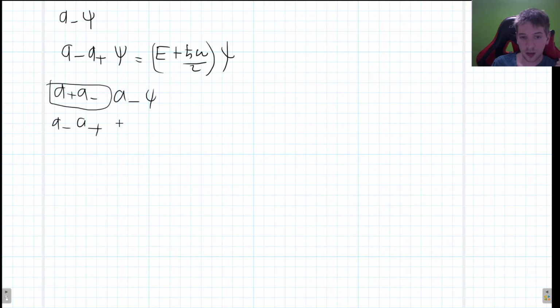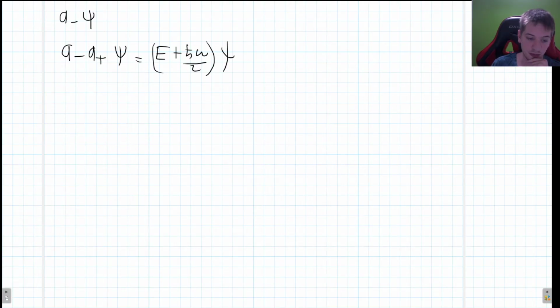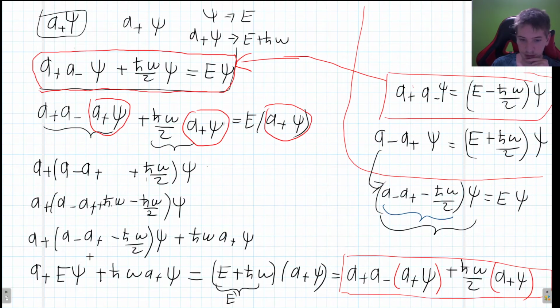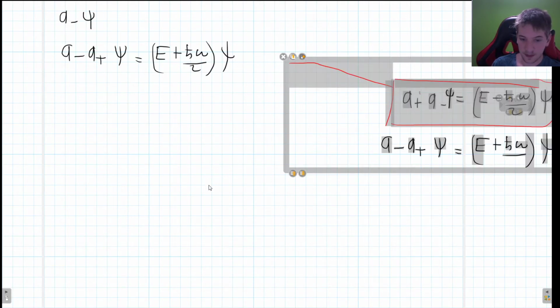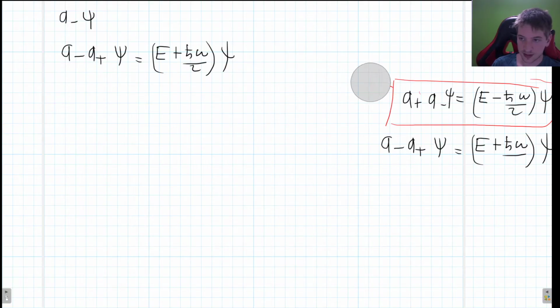So when we take a plus psi, we want to use this form, and when we take a minus psi, we want to take this form, so that when we do the multiplication, we can use the relationship of the Schrödinger equation in this operator form. I'm also going to copy the Schrödinger equations here, because we are going to need them once again. I'm going to erase that.